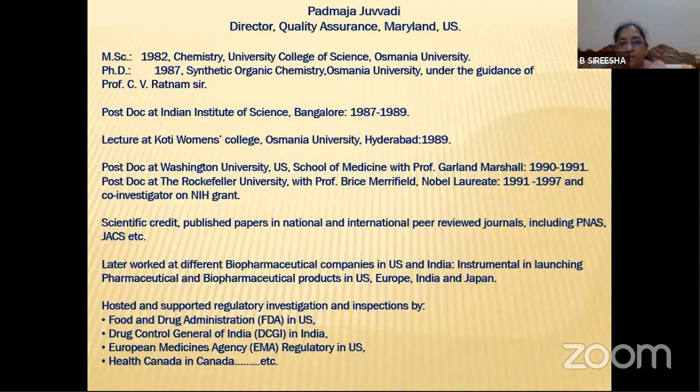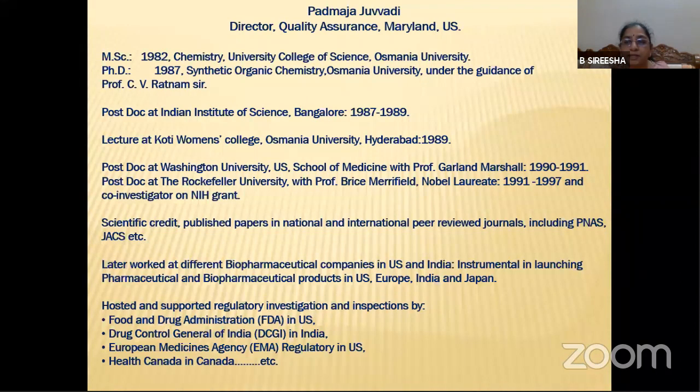She did her postdoc at the Indian Institute of Science, Bangalore in 1987, and joined as faculty in University College for Women, Koti, and later left the job for a postdoc at Washington University School of Medicine with Professor Garland Marshall from 1990 to 91, and later a postdoc at Rockefeller University with Professor Bruce Merrifield, a Nobel laureate, from 1991 to 97, and was a co-investigator on an NIH grant. She has published peer-reviewed papers in national and international journals, including the Journal of the American Chemical Society.